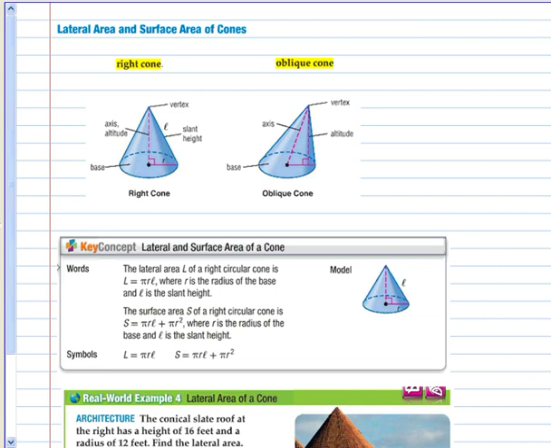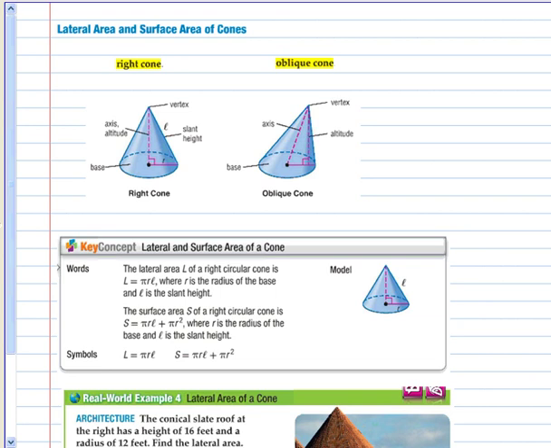So on the right side of that sheet of paper where you have your formulas, we're going to have some matching formulas for cones. If the lateral area, the side surface area, was 1/2, what's the formula on the pyramid again? 1/2 perimeter times slant height.